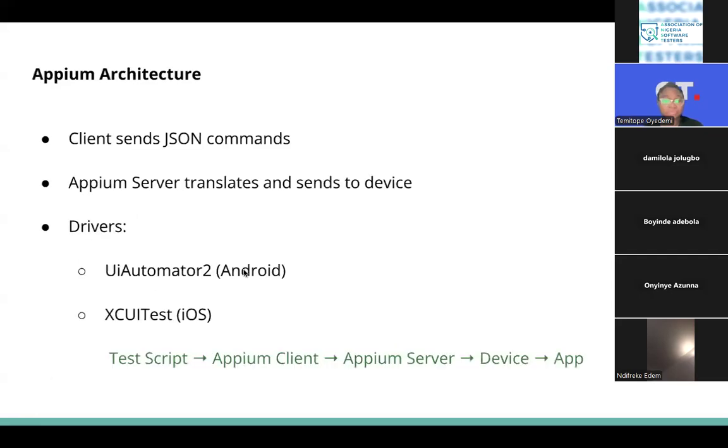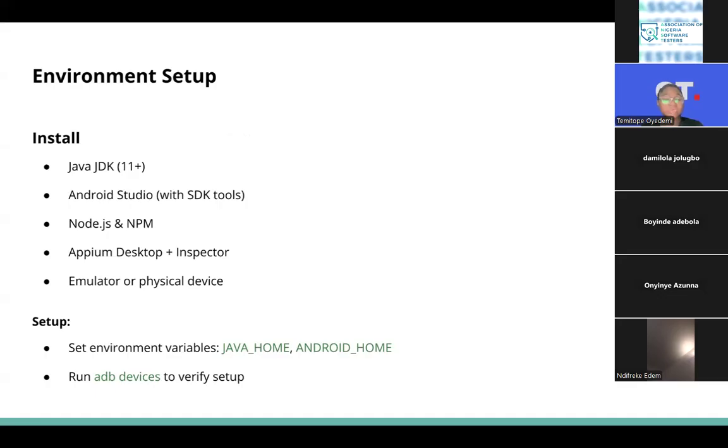Okay, now your environment setup. Just like the prerequisite link I sent to you, you must have seen it. You need a Java Development Kit, version 11 and above. You can also have 8 and above, whichever, but try as much as possible not to have lower than version 8.